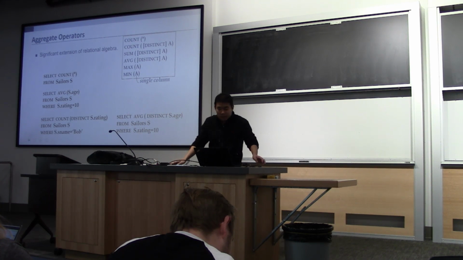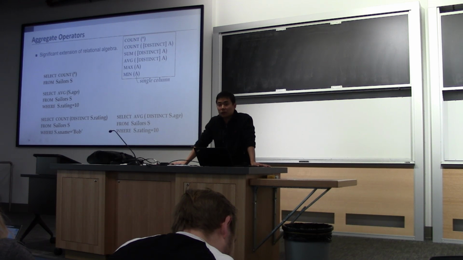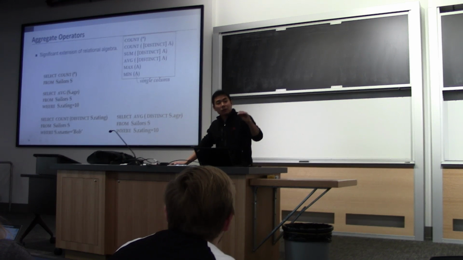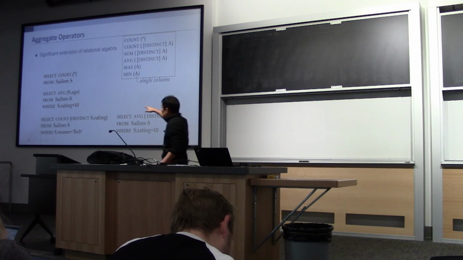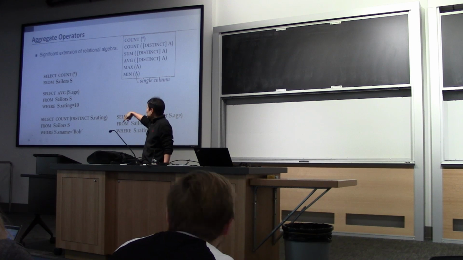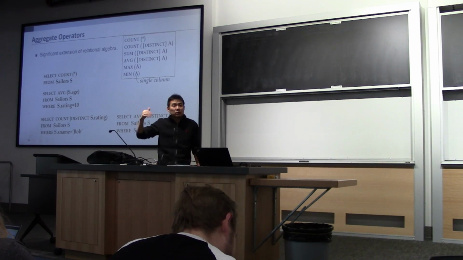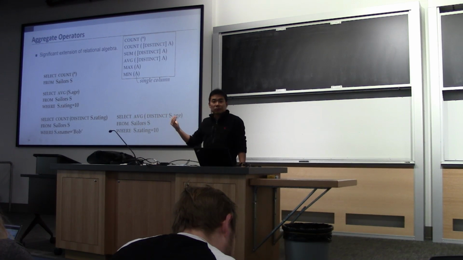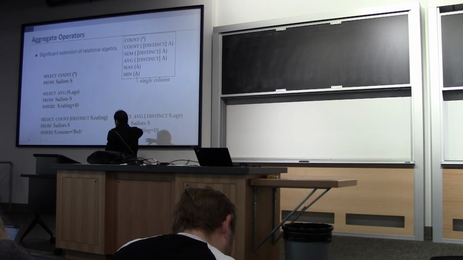However, there can be some tricky scenarios where using an aggregation operator is not so straightforward. Let's look at some straightforward cases first. Find the number of sailors. That's easy. Find the average age of sailors whose rating equals 10. That's also quite straightforward.